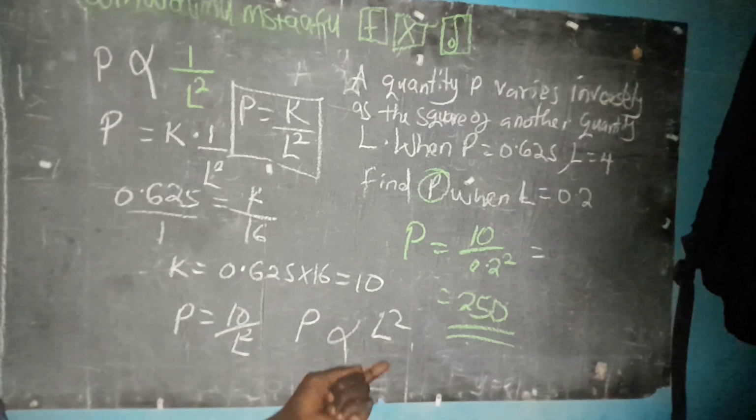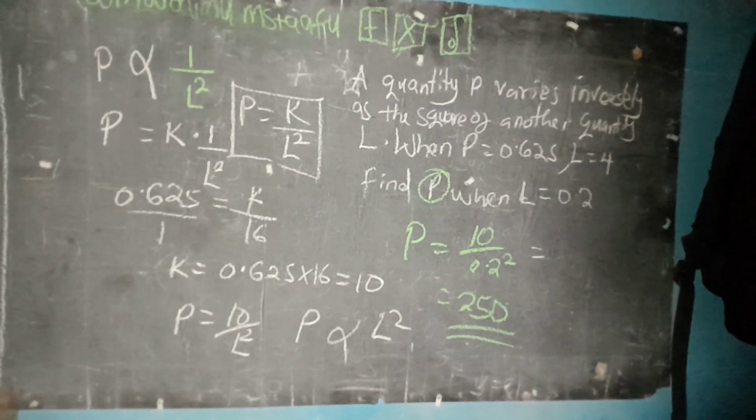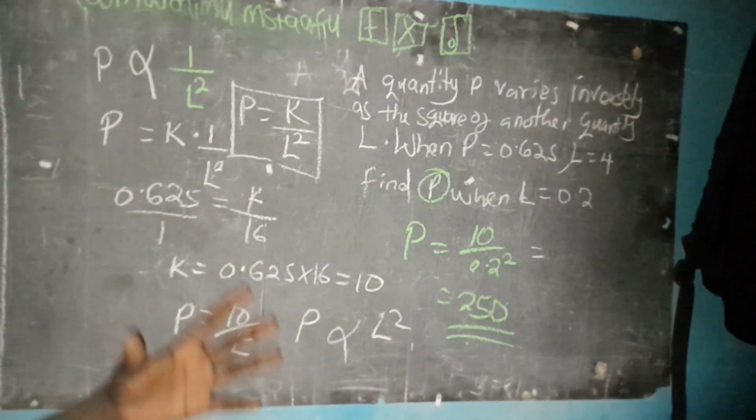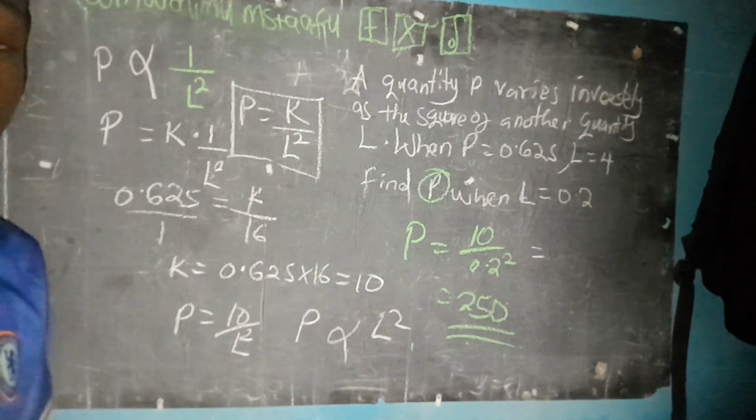Then the same thing you will do: you will introduce a constant. Then another type of variation is partial variation. We'll say P varies partly as the square of L and inversely as. So the partial variation combines both the inverse and the direct variation.